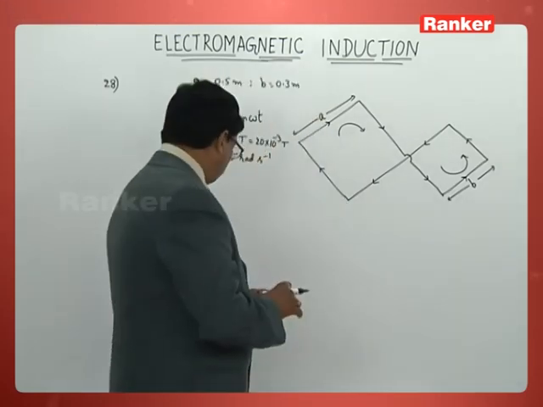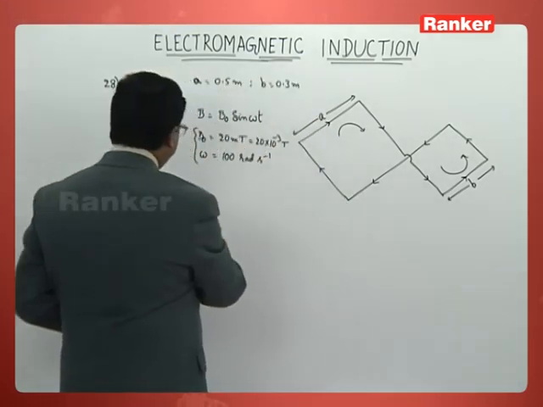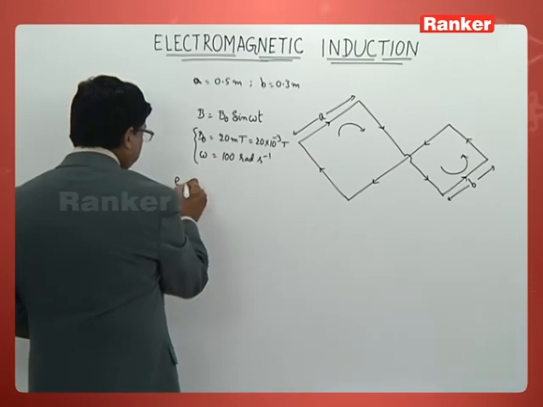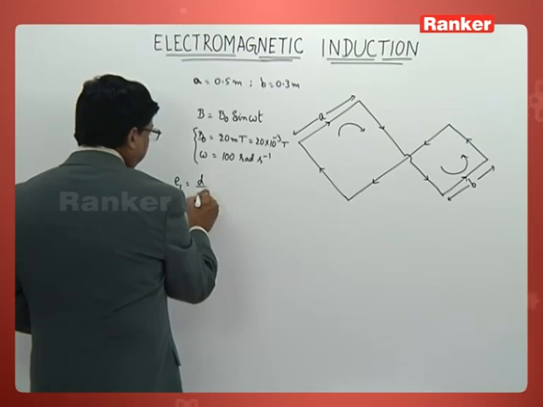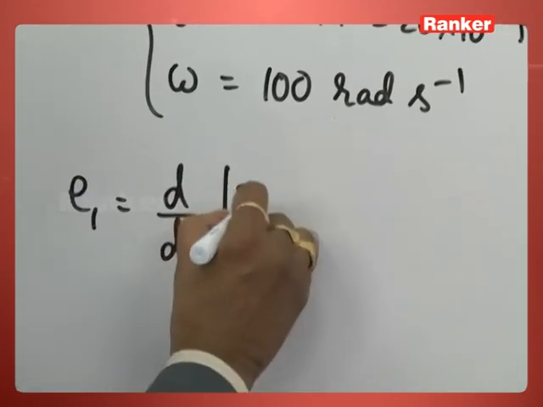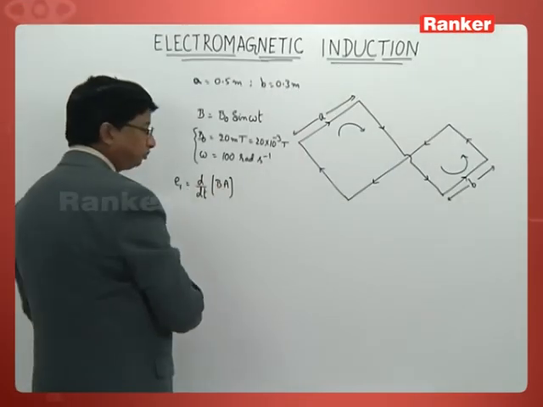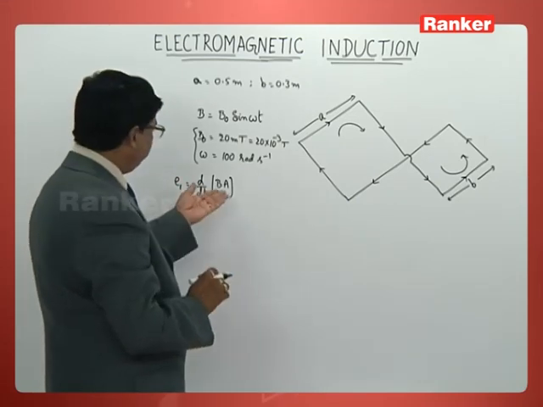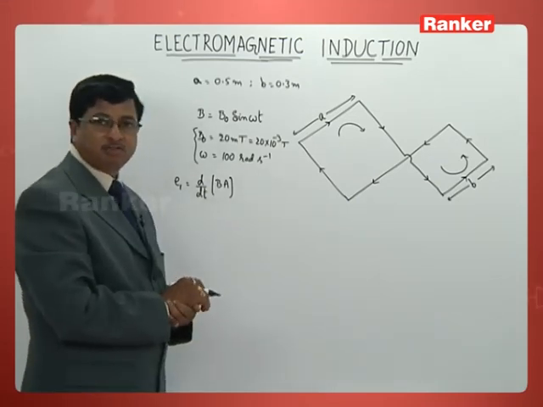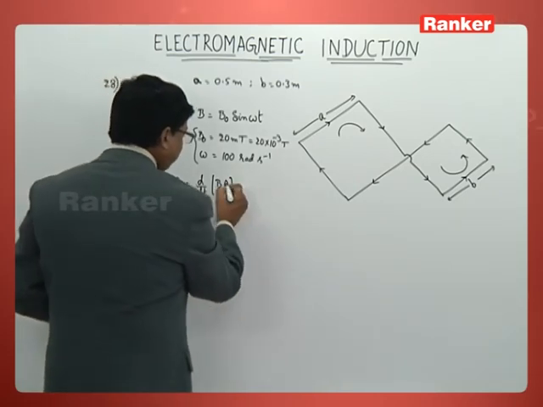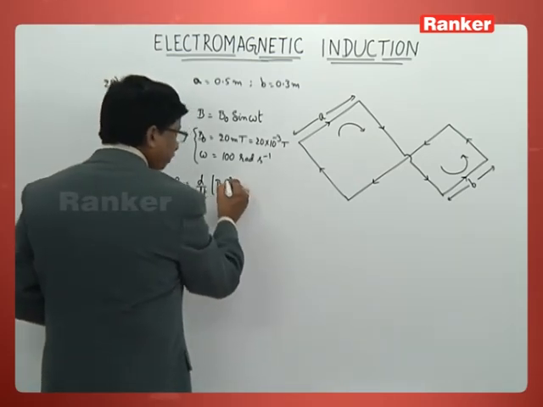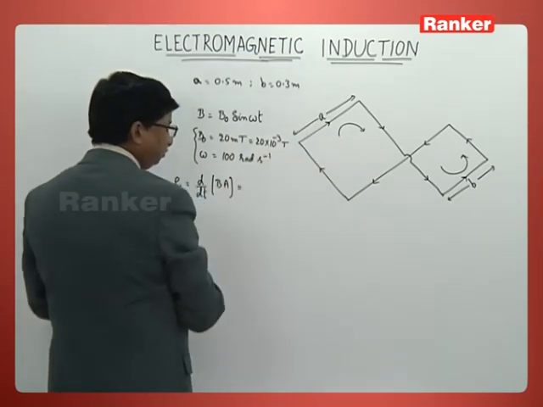And of course, we know the very first one, if I write EMF 1, that is d by dt of BA. In fact, d phi by dt formula, there is nothing special there. But what can I write here? This is now A, the area, which is going to be A square.